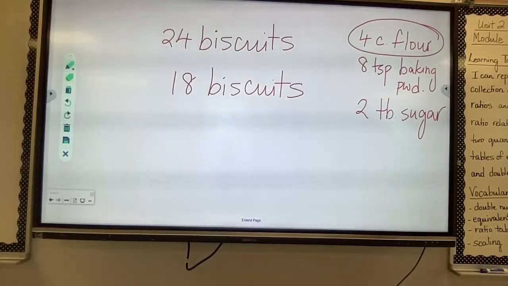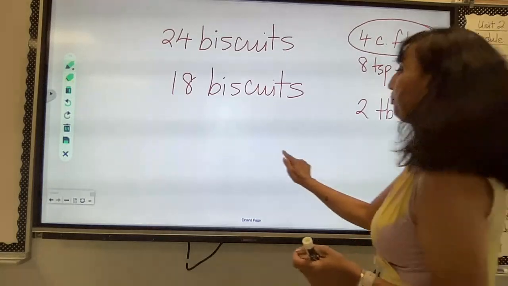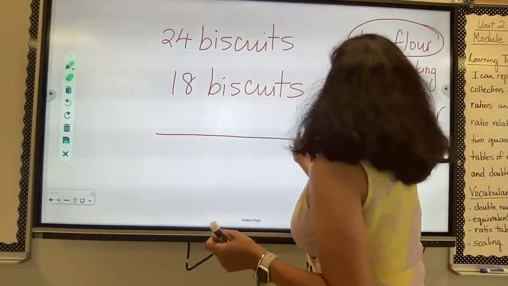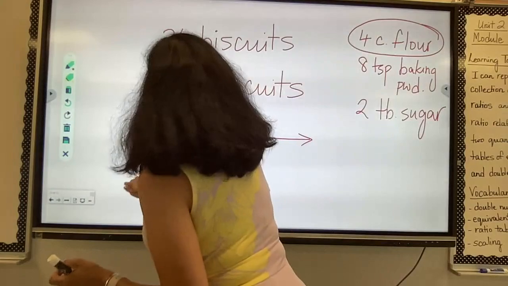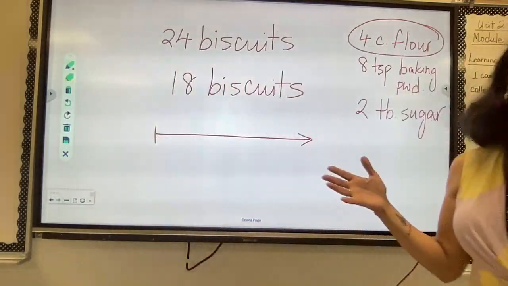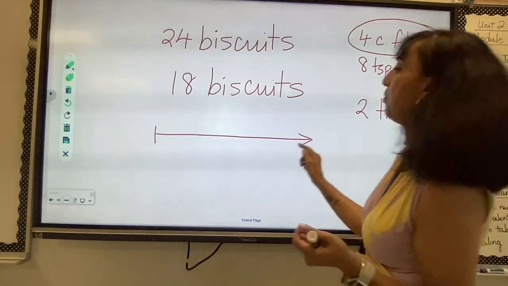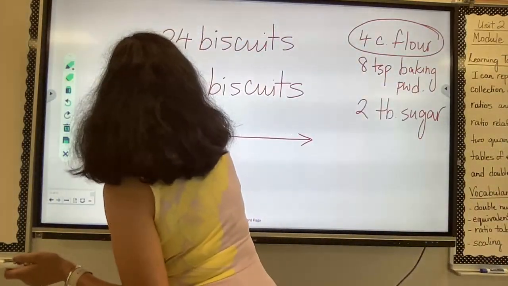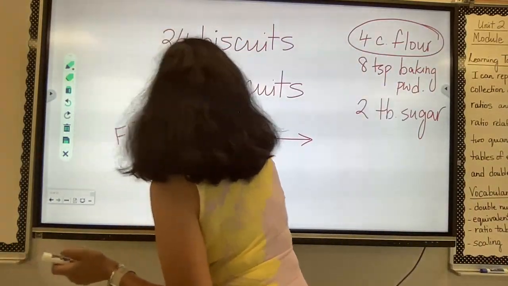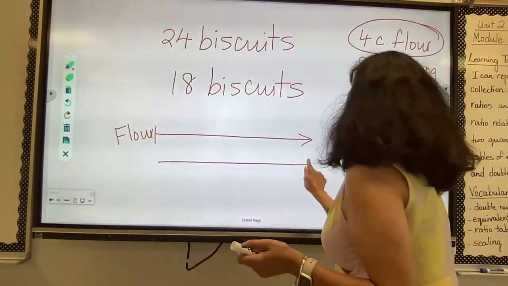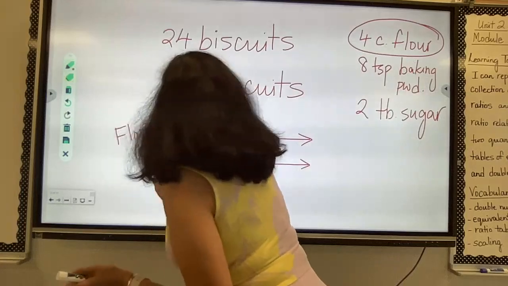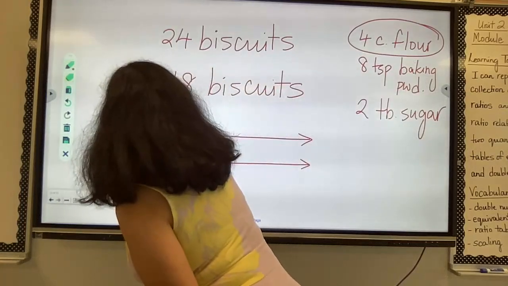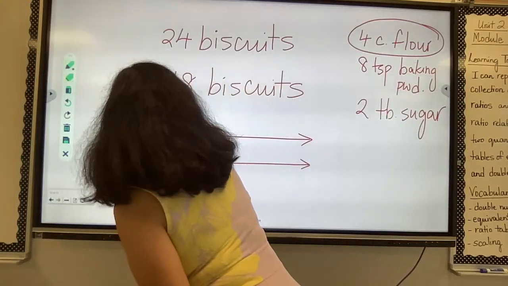So I'm going to draw a double number line. So this is the number line, these are the 2 of them. One is going to represent the flour, how much flour I need, and the other one right under it is going to represent how many biscuits I can make.